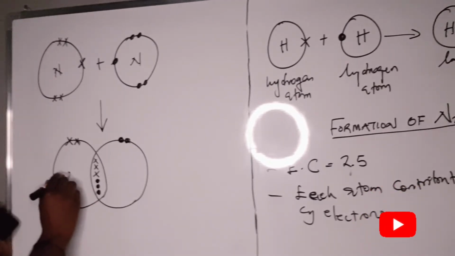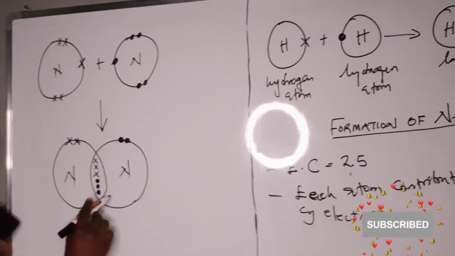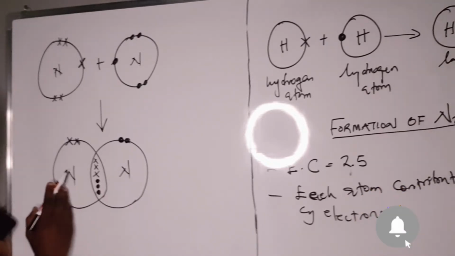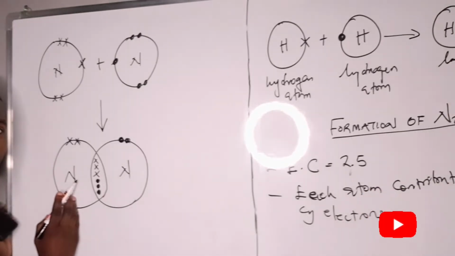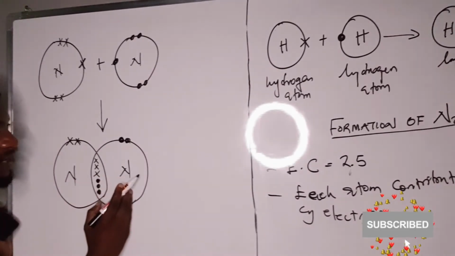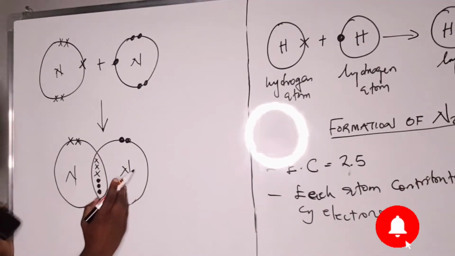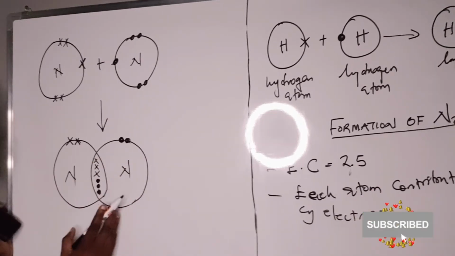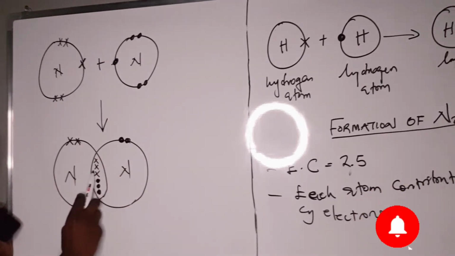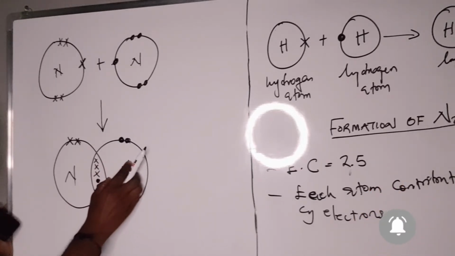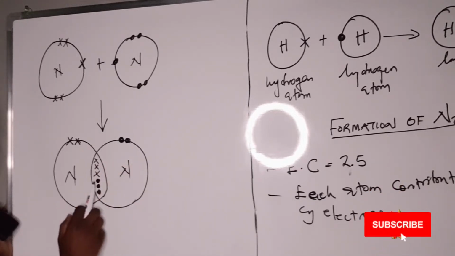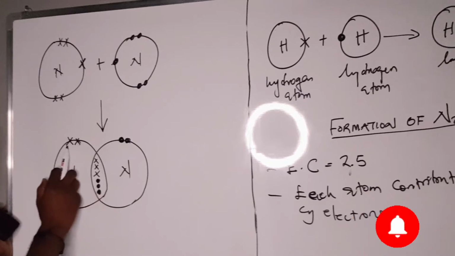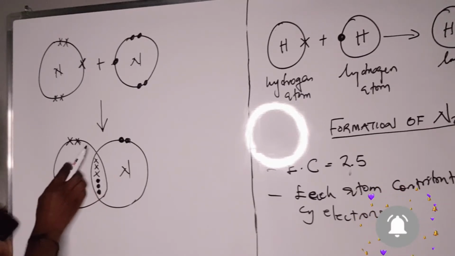So when you look at this atom becomes stable, also this one has become stable by having 8 electrons in the outermost shell. So we have the 6 electrons which are shared plus these 2, we have 8 here.